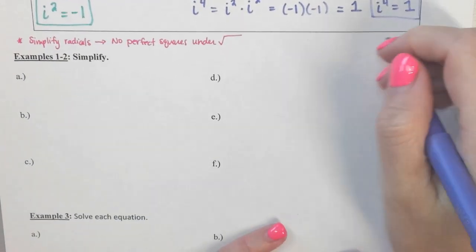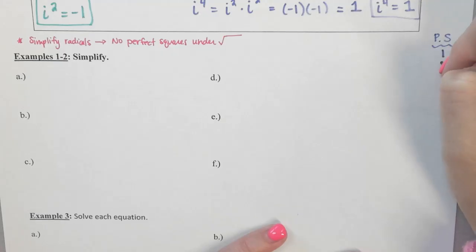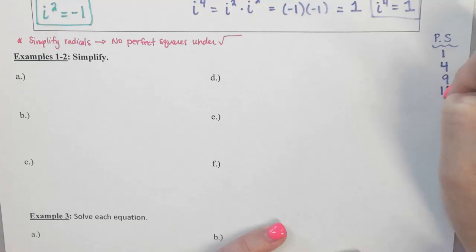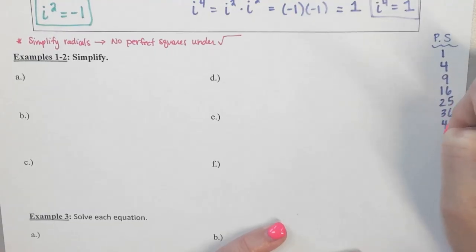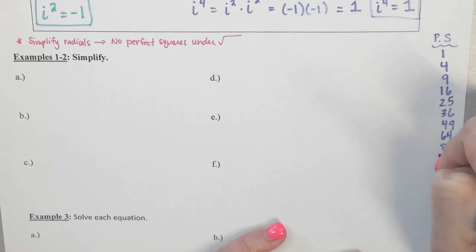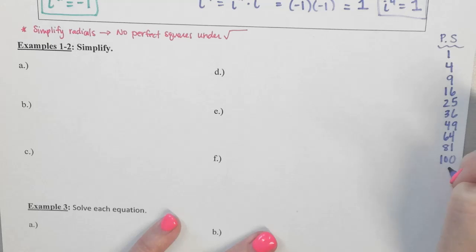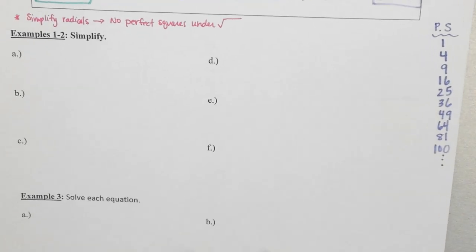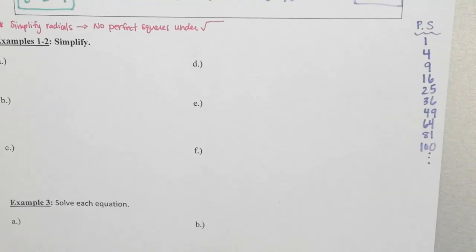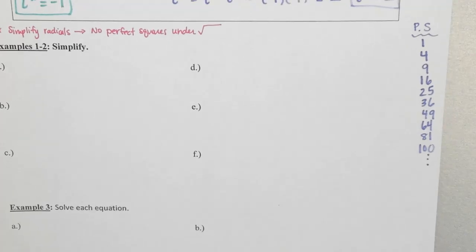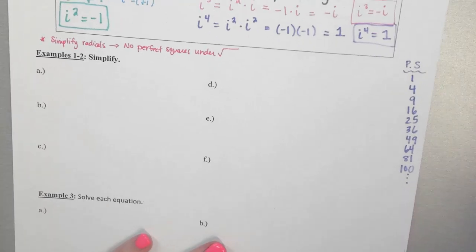So 1 squared is 1, 2 squared is 4, 3 squared is 9, 4 squared, 5 squared, 6 squared, 7 squared, 8 squared, 9 squared, 10 squared, and so on and so forth. Perfect squares are any number raised to the second power. So that's what we're going to look for when we are simplifying.